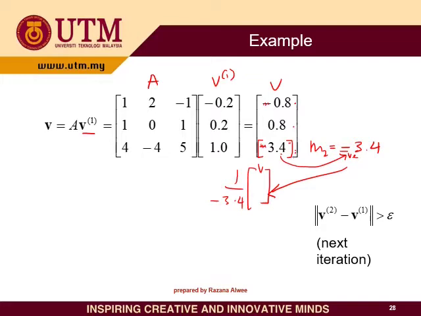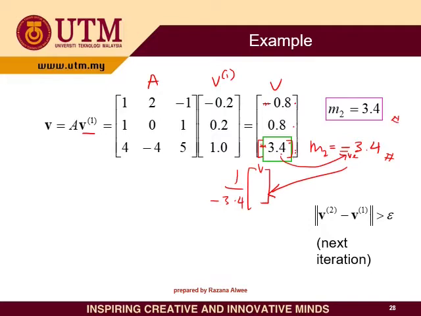But our question here is not negative 3.4, so it's straightforward. The biggest magnitude is 3.4, so you take 3.4 as our m2. This is just a scenario if it is negative, don't mistake what I say here. For this question, it is positive 3.4, so the answer is 3.4 straight away.